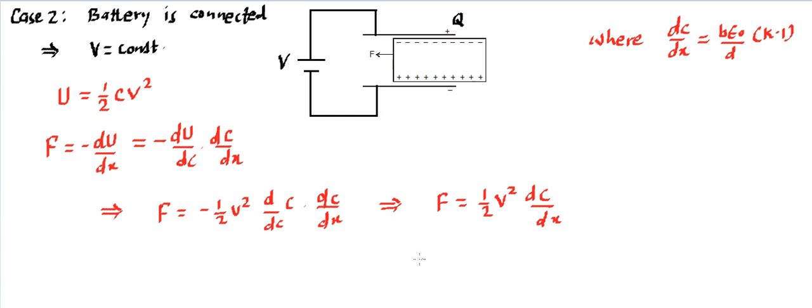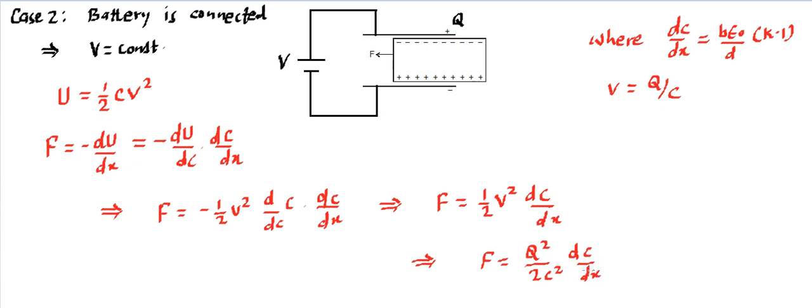So we can write finally F is going to be equal to half V square dc by dx. But if we want, we can write V is going to be equal to Q by C. So this is going to look similar: Q square upon 2C square into dc by dx.